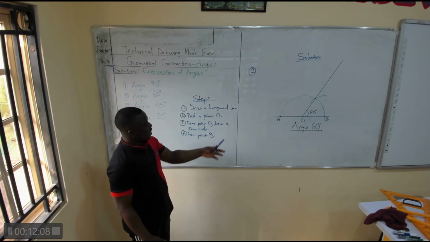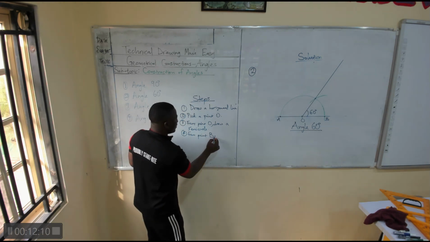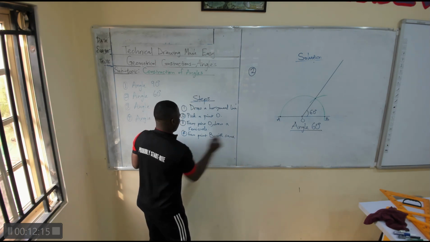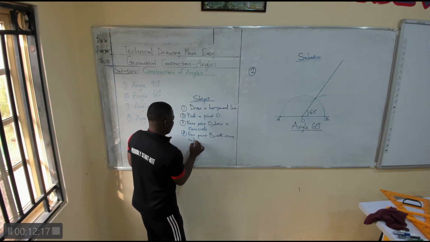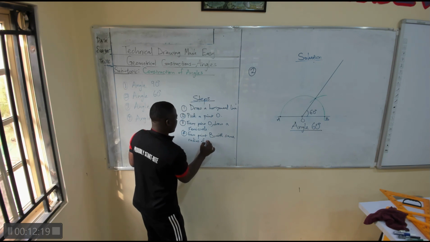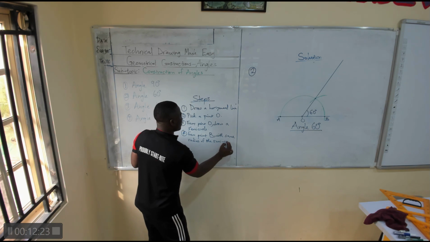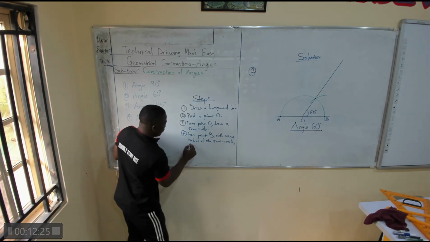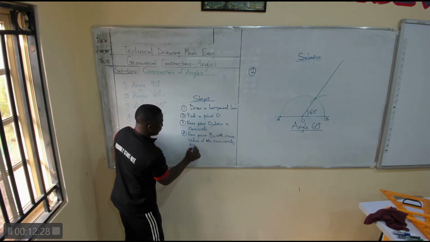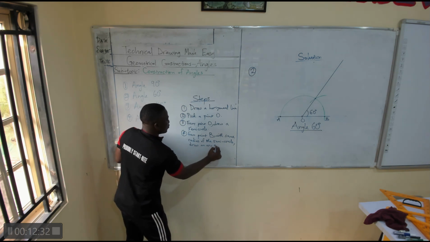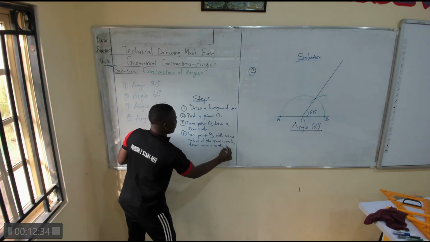So from point B now, with the same radius of the semicircle, you draw an arc to the semicircle.